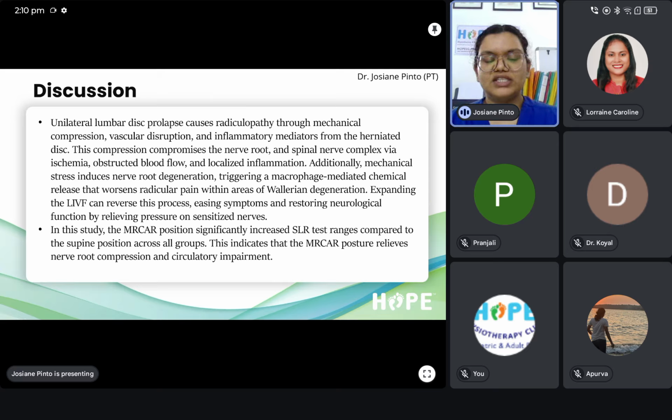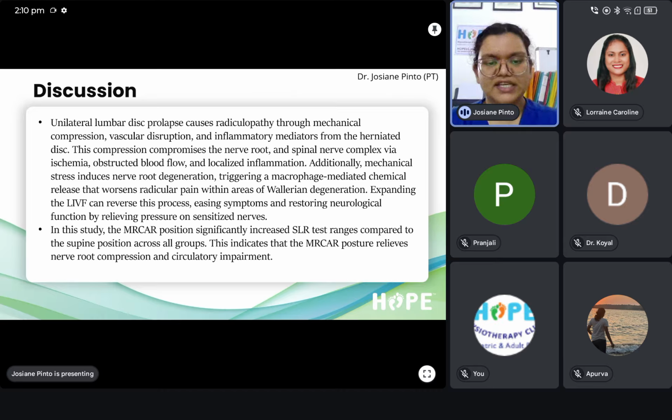Additionally, mechanical stress induces nerve root degeneration, triggering a macrophage-mediated chemical release that worsens this radicular pain within areas of Wallerian degeneration. Expanding the LIVF can reverse this process, easing symptoms and restoring neurological function by relieving pressure on sensitized nerves.